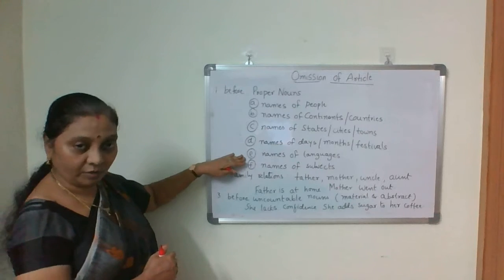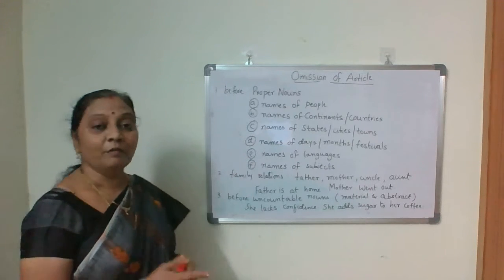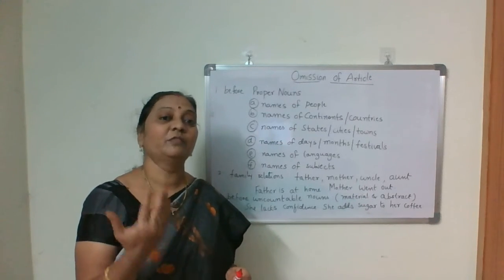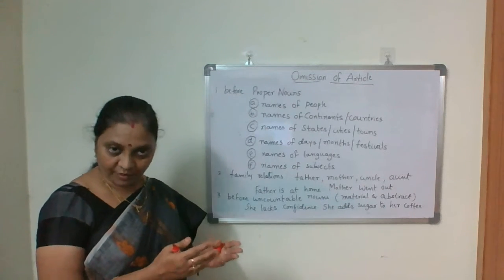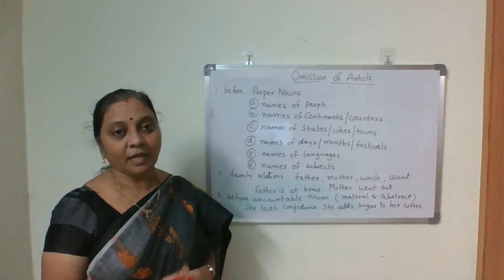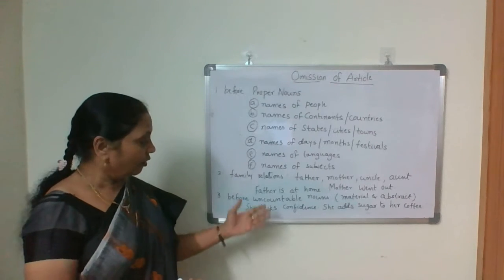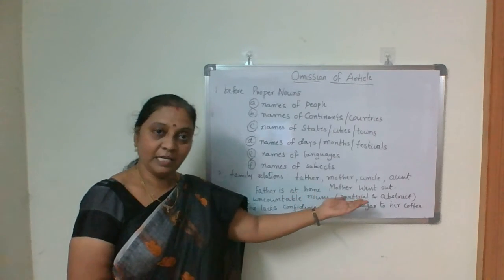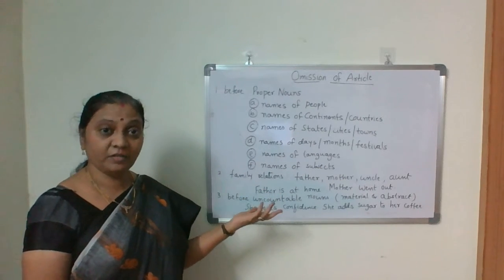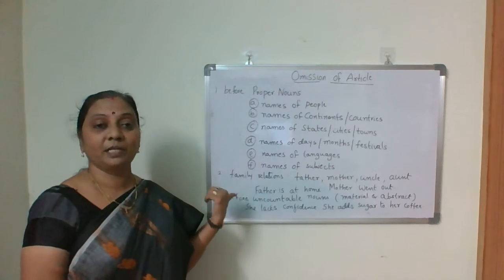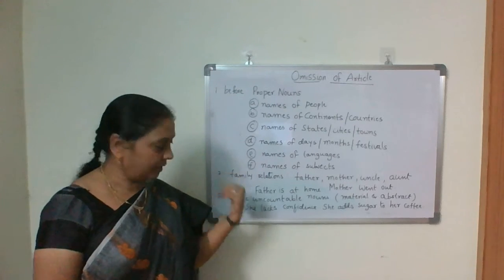So remember all this. Then the second one, family relations, like father, mother, brother, sister, uncle, aunt. Before those we never use the father, a mother, a brother. Father is at home, mother went out. So grandfather, granddaughter, before those also, family relations, no article is required.